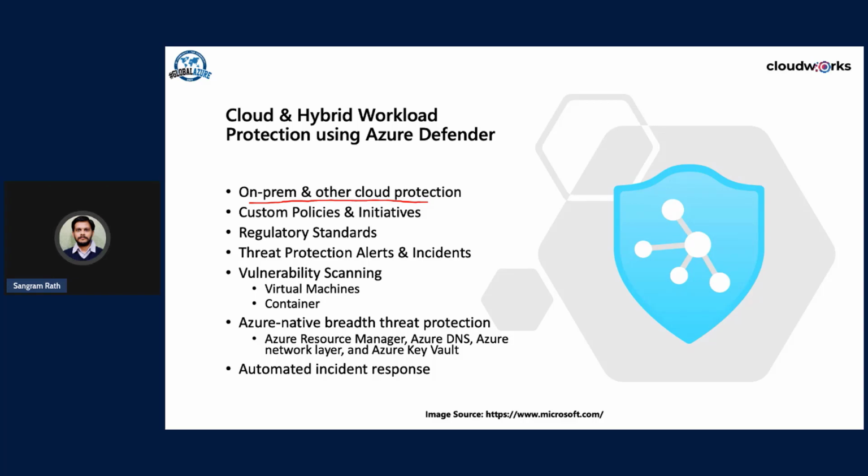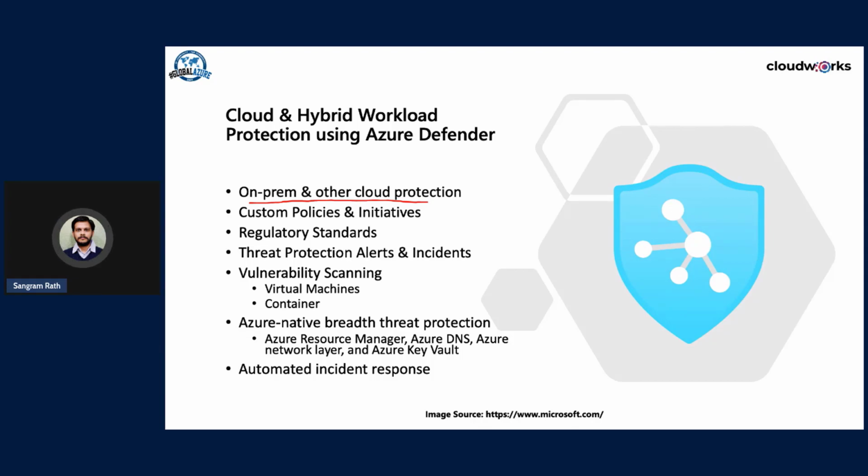We also have protection for Azure Key Vault, where you are able to be notified when there is, let's say, for example, some sort of access to Key Vault artifacts like encryption keys or certificates or secrets, database connection strings or something like that, from a different source or from an IP address that is in the block list and so on, right? So I'll talk more about it. But we do have Azure PaaS protection as part of Azure Defender as well.